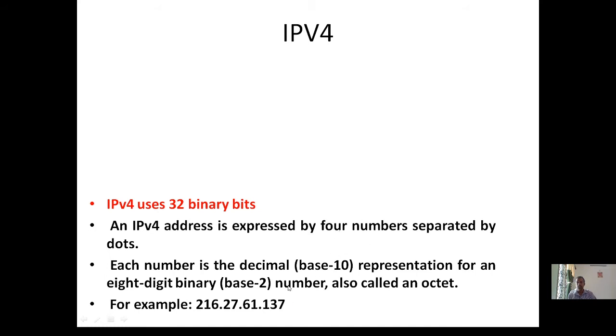Here we have 4 numbers. The first one, 216, is a number, 27 is a number, 61 is a number, and 137 is a number. These numbers are separated by dots.